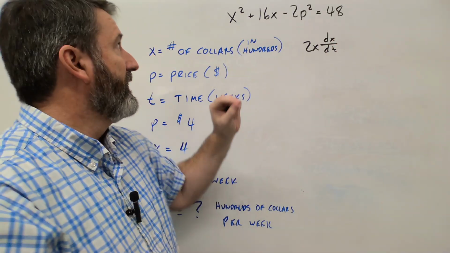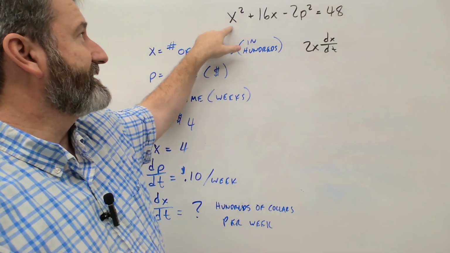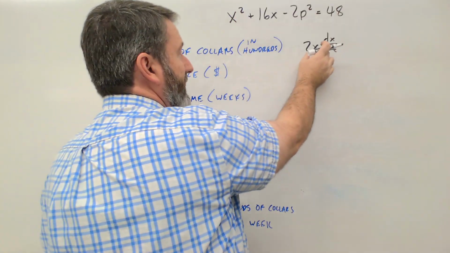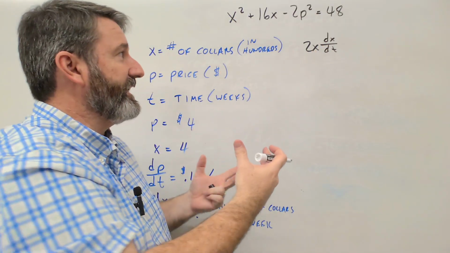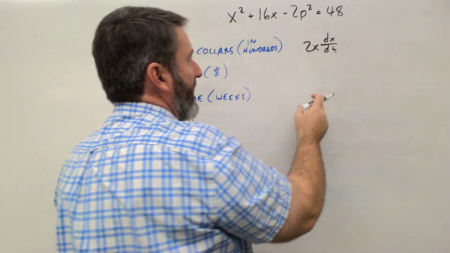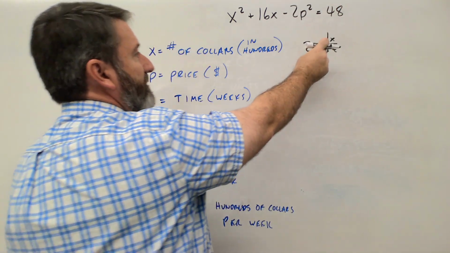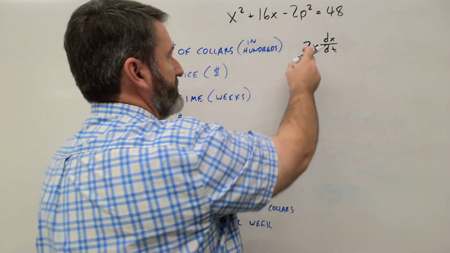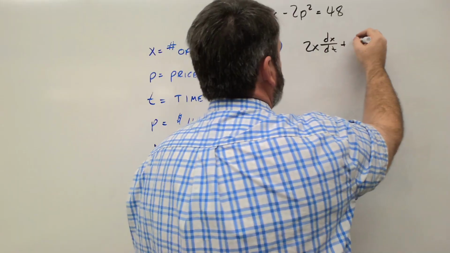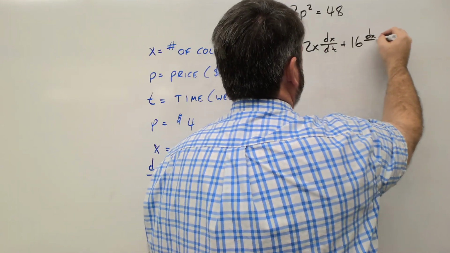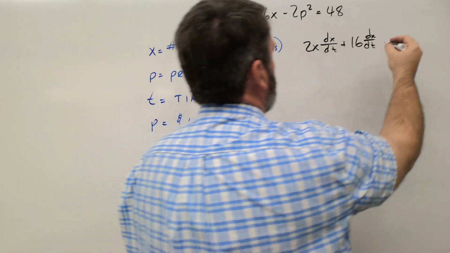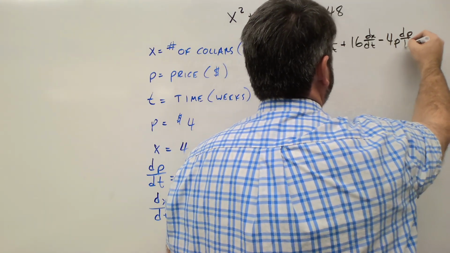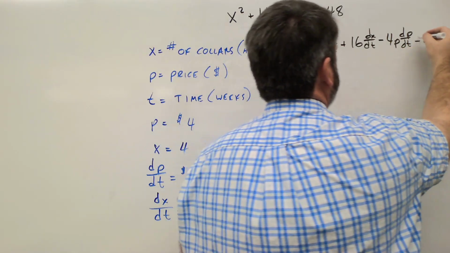Remember, the chain rule says that when we're treating this X as a function of time, we can go ahead and solve it treating that X as if it were a T, but then we have to multiply by the derivative of this function of T with respect to T. So 2X times dX over dt plus 16 times dX over dt minus 4P times dP over dt is equal to 0.